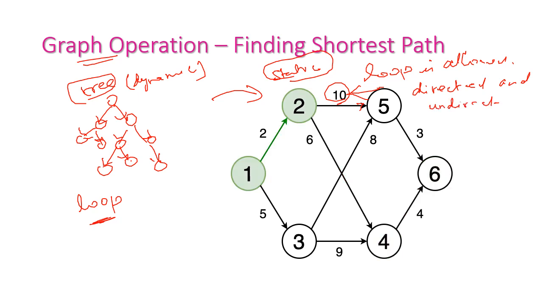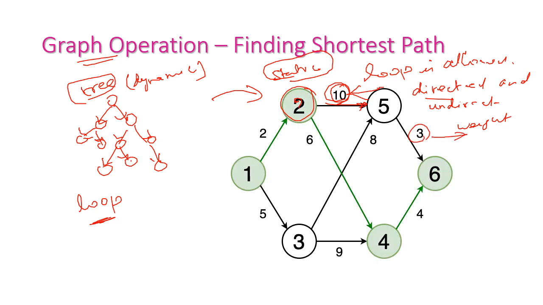Both undirected and directed are allowed here. And this is the node where the data will be stored, and the edges sometimes may have weight. The edges may have weight. So these are all weights here.